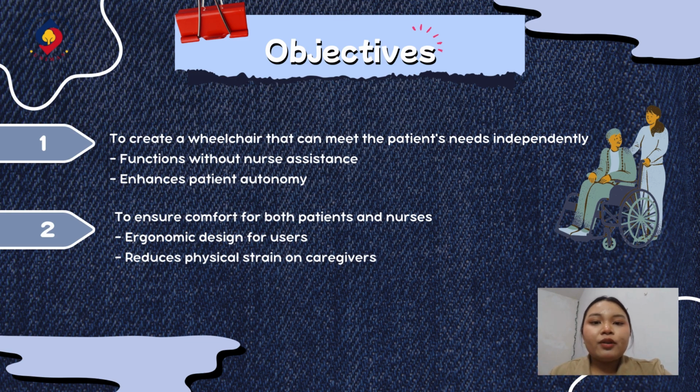Second, we prioritize comfort for both the patients and the caregiver. A comfortable patient is more confident and a comfortable nurse can provide better, safer care. Every design choice we made was guided by these two principles, independence and comfort.